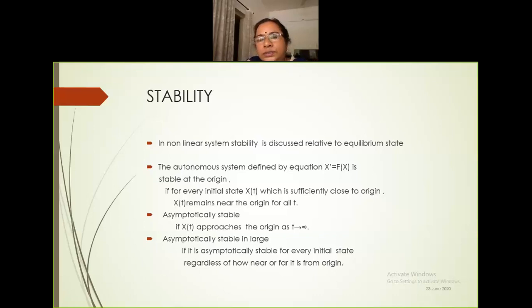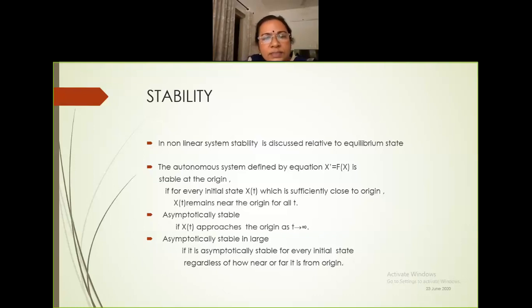Because based on the initial state we are plotting the phase portrait, if all the initial points are lying near the origin, you can say the system is stable. I'll read it one more time: if for every initial state sufficiently close to the origin, x of t remains near the origin for all t, that is the stable condition.